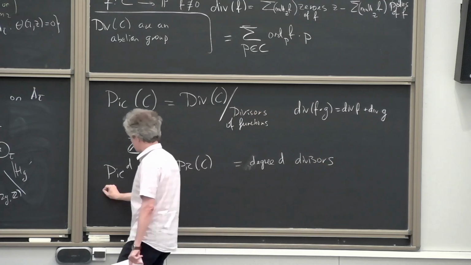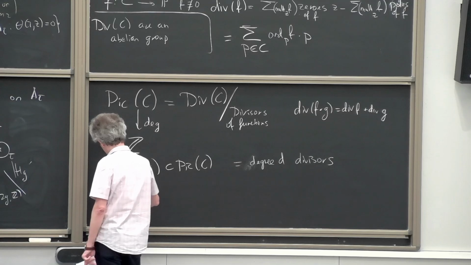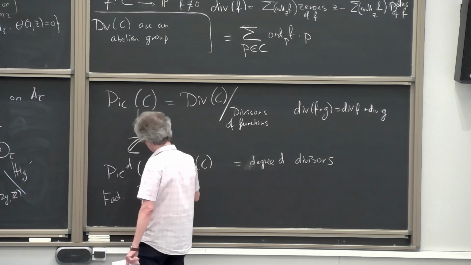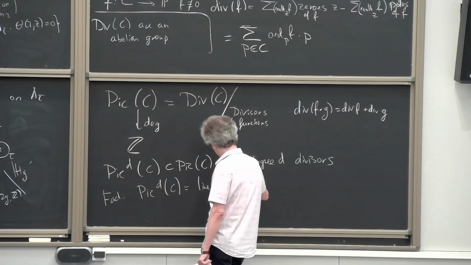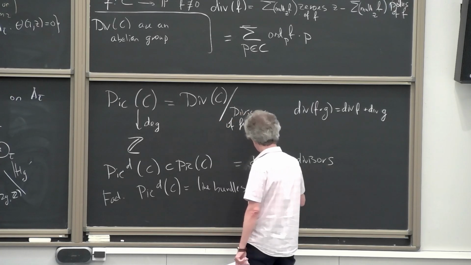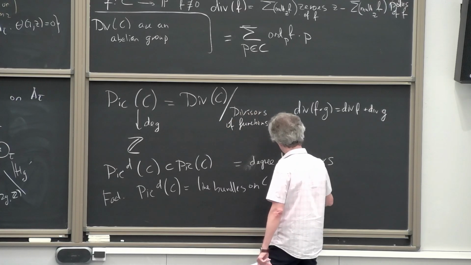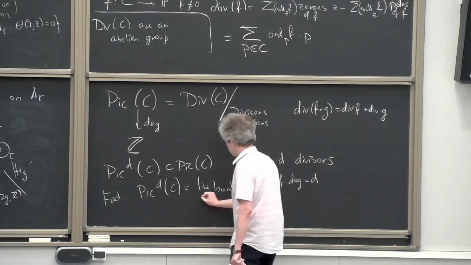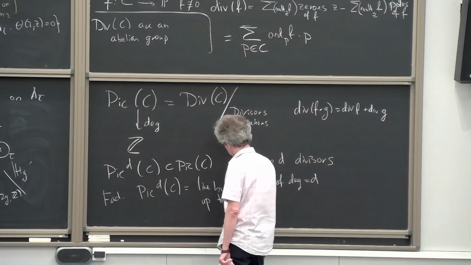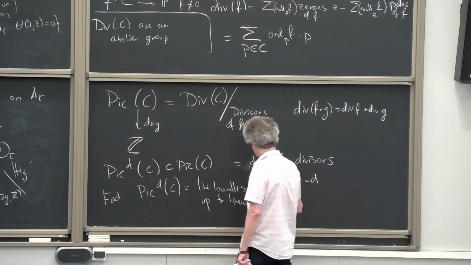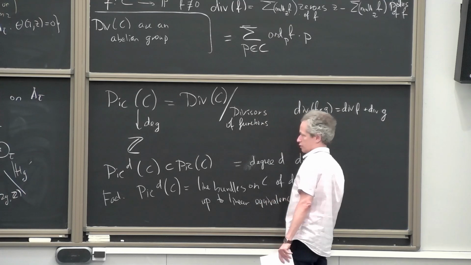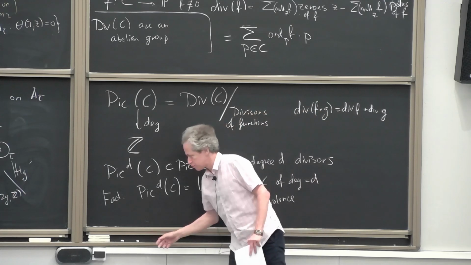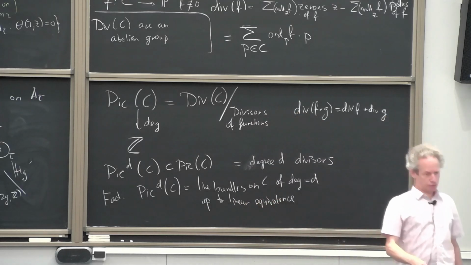And there is, of course, a fact that Pic^d of C is the line bundles on C of degree d up to linear equivalence. Which Pasha, of course, alluded to yesterday, and I'm not going to prove.